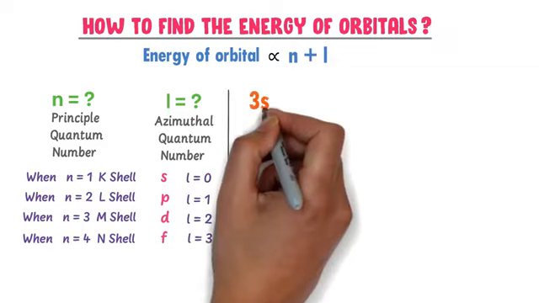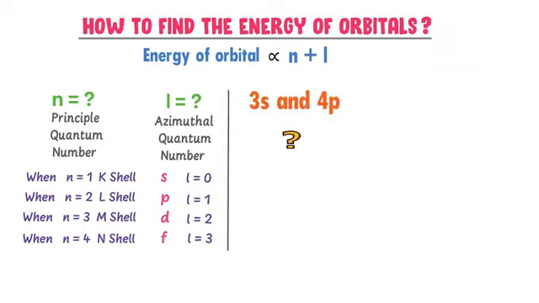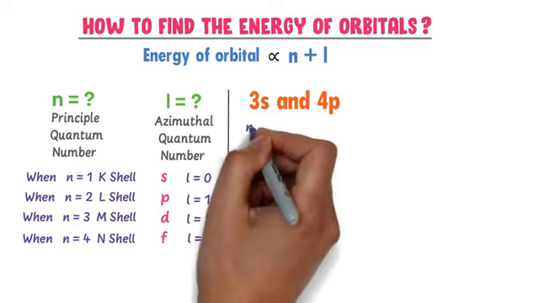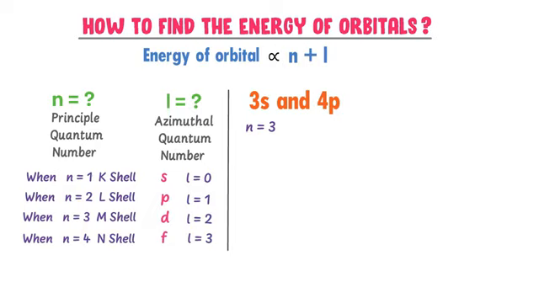Now consider 3s and 4p. Which orbital has more energy, 3s or 4p? In case of 3s, n is equal to 3. For s, l is equal to 0. So n plus l is equal to 3 plus 0 and we get 3. In case of 4p, n is equal to 4.